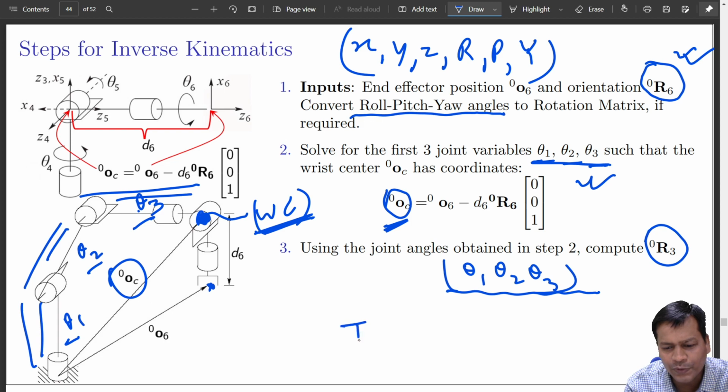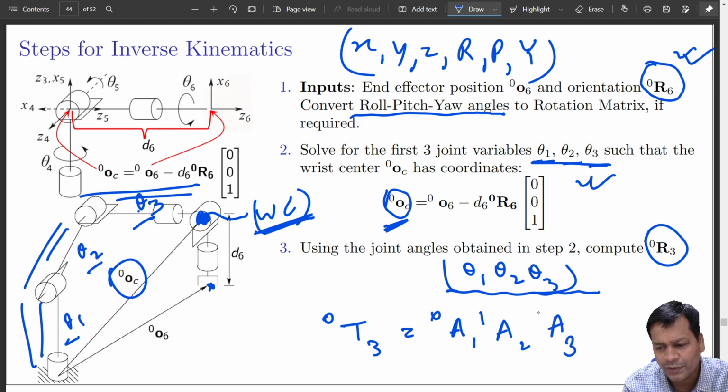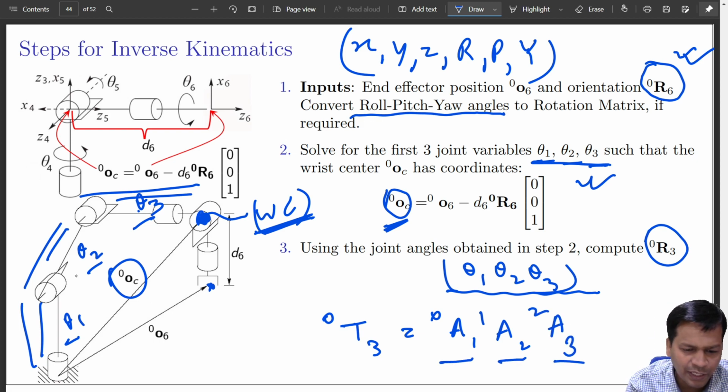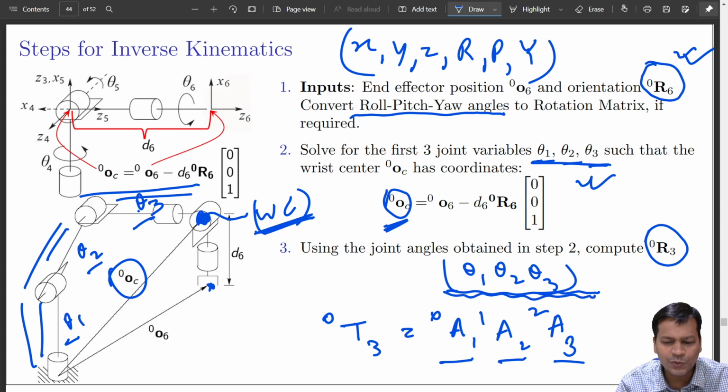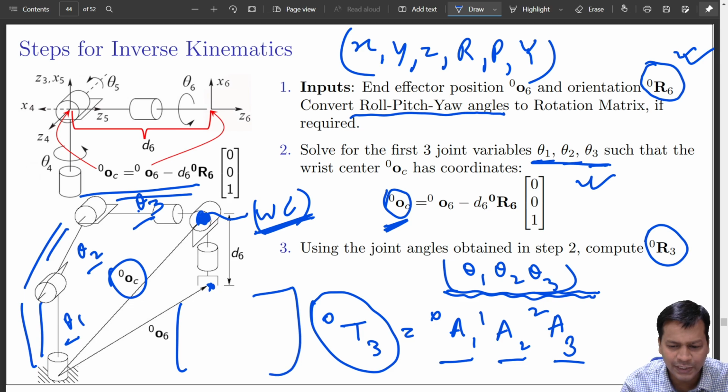You can find out the 0 to 3 transformation matrix using A1 0 to 1, A2 1 to 2, A3 2 to 3, because you have the DH parameters in hand. The DH parameters basically define the structure of the robot. If you know the DH parameters and the joint angles, you can calculate 0T3. This is a 4 cross 4 matrix with the rotation part here and the position part over here. That will give you the position and orientation till the wrist center point.